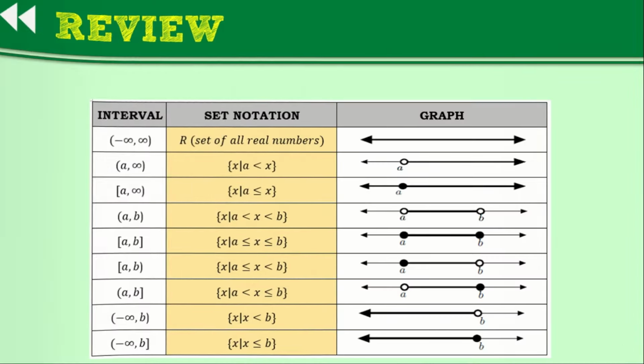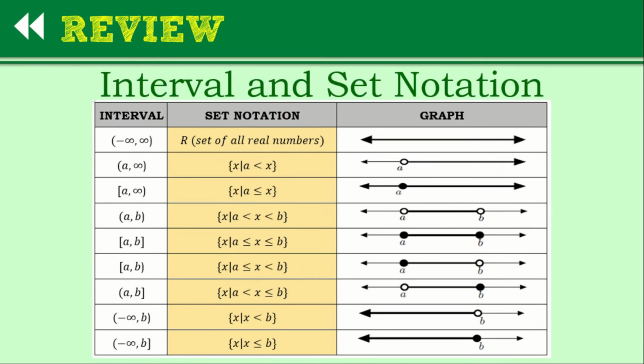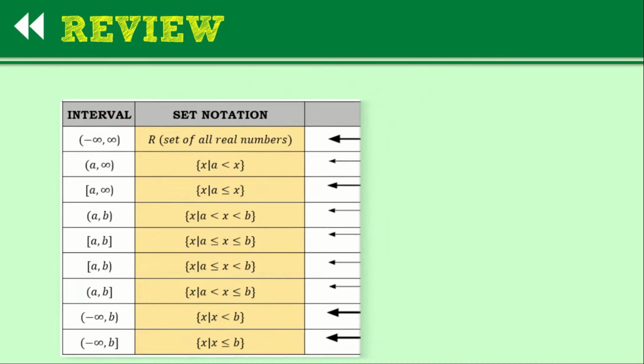Let's review the interval and set notations first. Look at this table. Our answers later for solving rational inequalities will be expressed in these notations. That is why it is essential for us to recall each. Let's start with the interval notation.